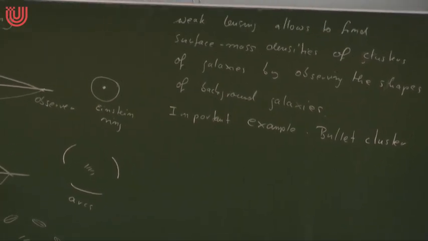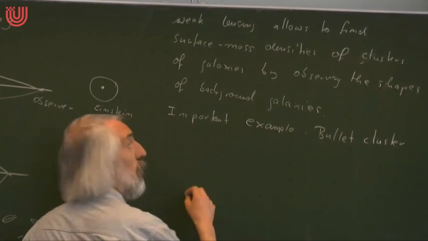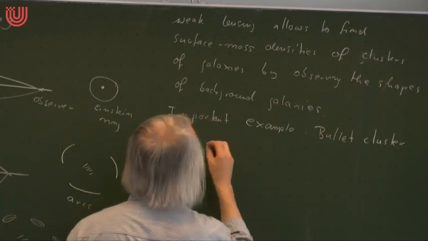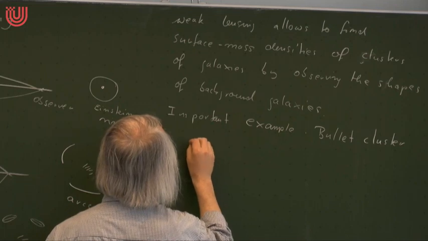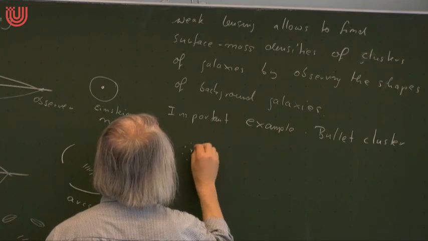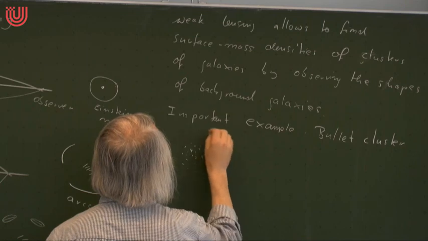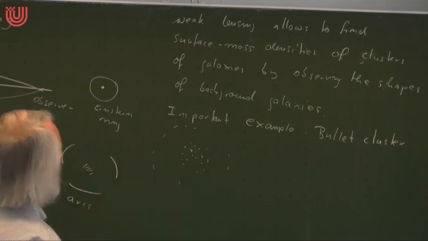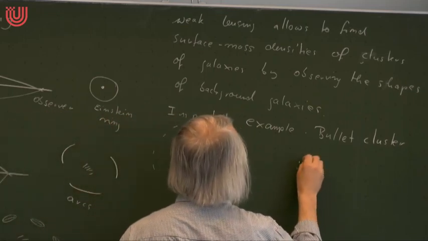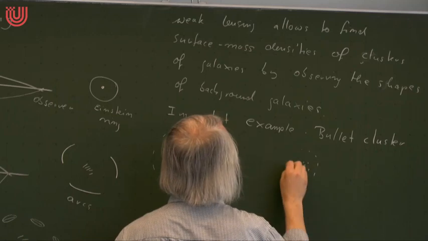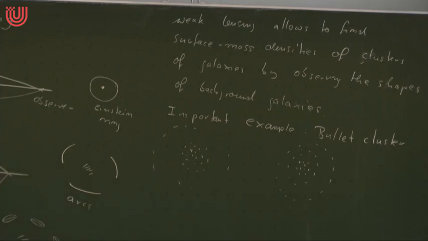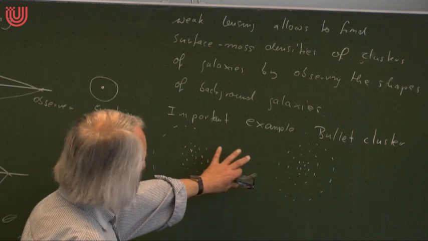So what do you see? I will show you pictures next time. I hope I can manage to project pictures in this room. You see galaxy clusters. One has a center in this area, and there's another cluster which has a center very visible in optical telescope photographs, in particular with the Hubble Space Telescope, in the other area. And then the same field has been observed with an X-ray telescope.